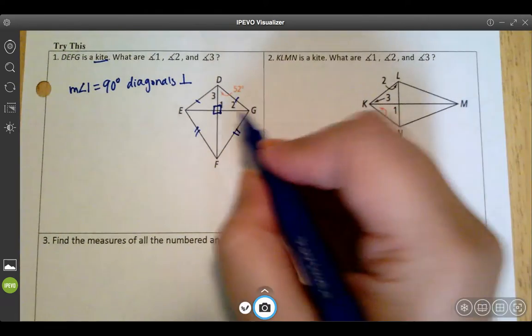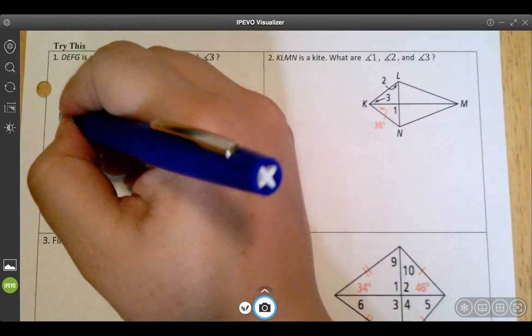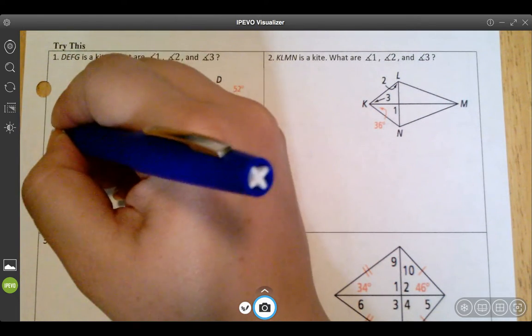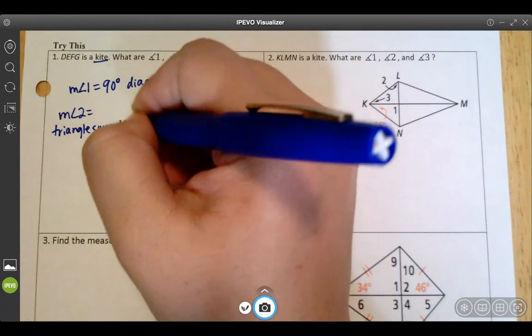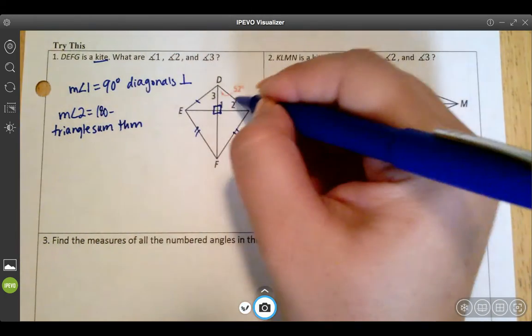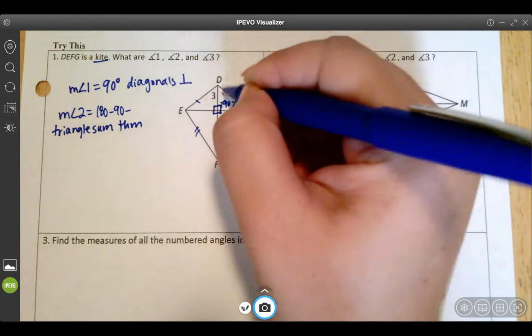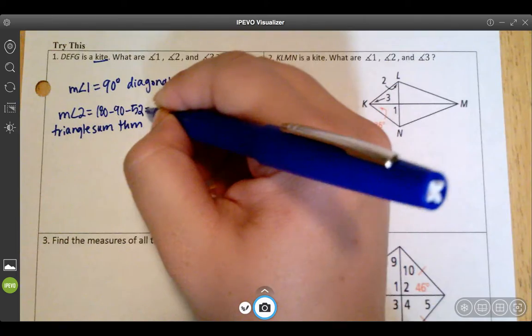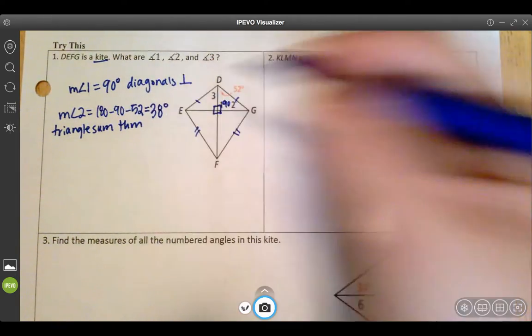Okay, to find the measure of angle 2, I can use the triangle sum theorem. So the measure of angle 2 equals 180 minus 90 for angle 1 and 52 for this other angle. And that gives me 38 degrees.